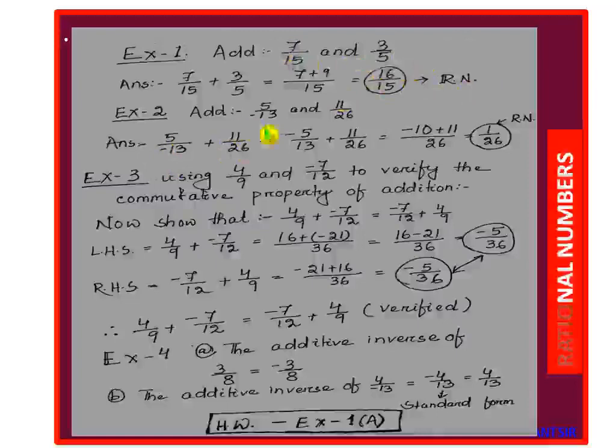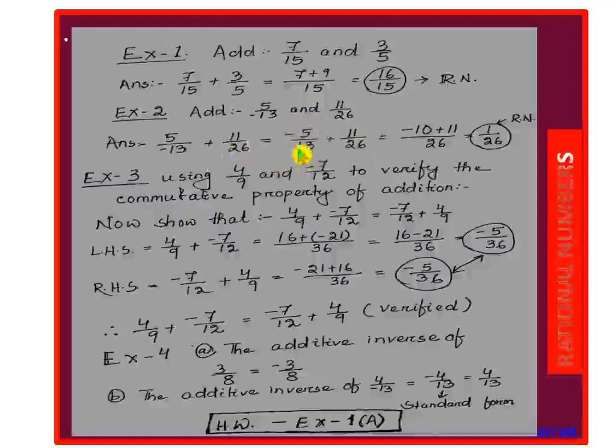Next, add 5 by minus 13 and 11 by 26. Look here, 5 by minus 13 is not in standard form, because q not equal to 0 must be there, and q must be positive. Here q is negative, meaning the denominator is negative. So first write it in standard form: 5 by minus 13 becomes minus 5 by 13, plus 11 by 26.